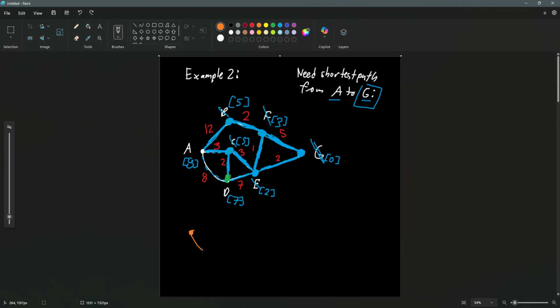This is the path including D, which is 2, 8, 2, 3. Or is the path we have for A right now, where we go from A to C, faster? That's 2, 3, 3.